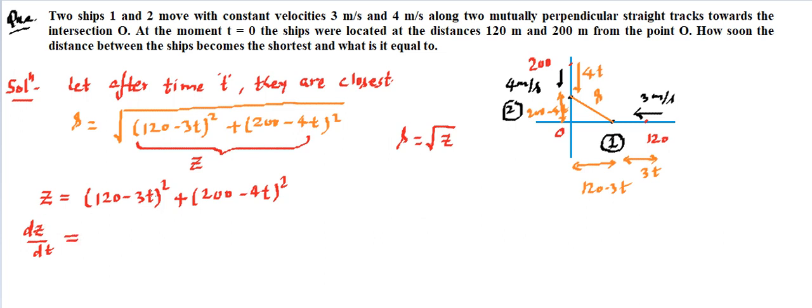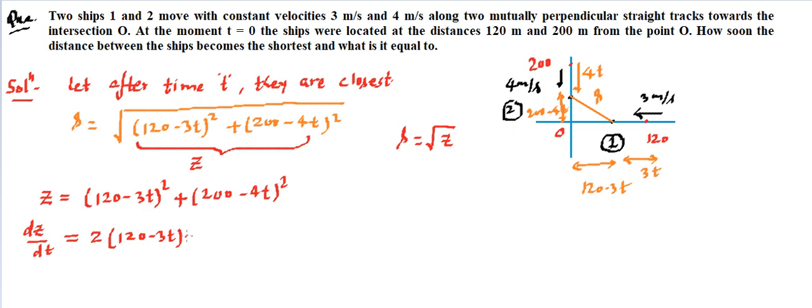Let's find it out. I'm writing directly, so you can catch it. Here we use the formula for x raised to power n. So for t raised to power 2, it's going to be twice (120 minus 3t) raised to power 1. The 1 is not needed, even if you don't write it, it's okay.